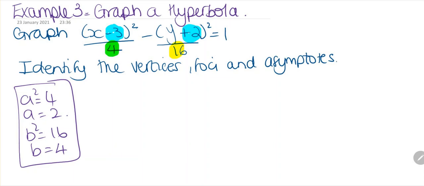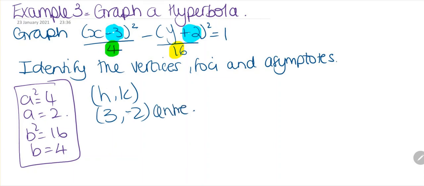So let's write that down. H and K is 3 and minus 2. This is going to be our new center. So we need to work out our vertices, our foci and our asymptotes.